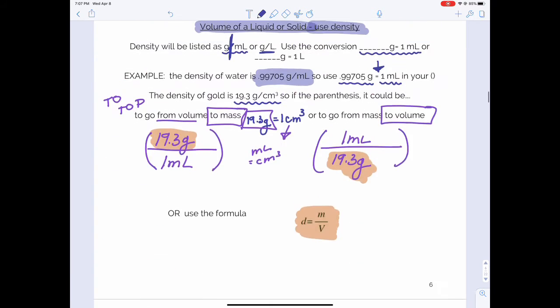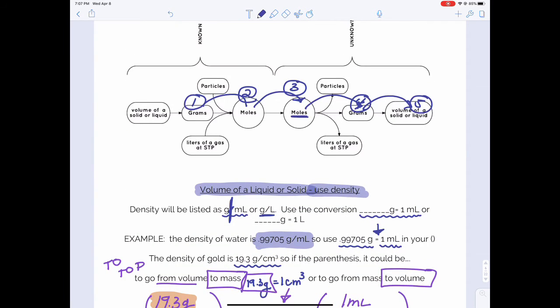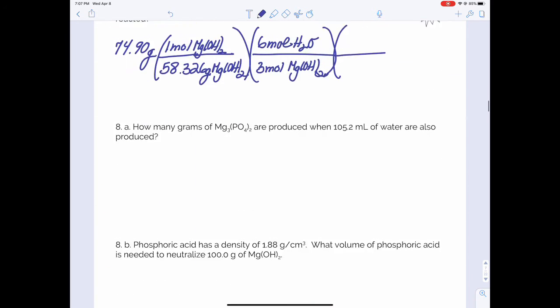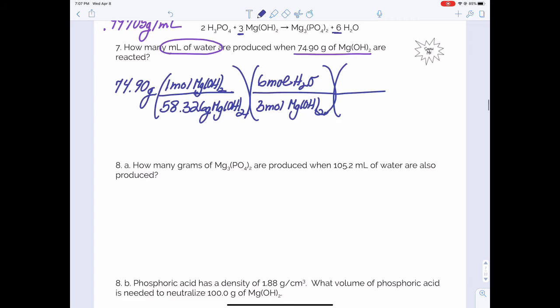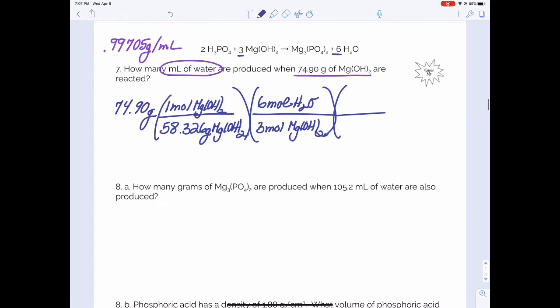Whenever I'm at moles of unknown, remember the next thing I go to is grams. A lot of students want to use the density right here, but then your units wouldn't cancel out. We're using dimensional analysis. We're trying to make sure that our units cancel out. So this must be 1 mole of water, and that's equal to 18.016 grams of water.